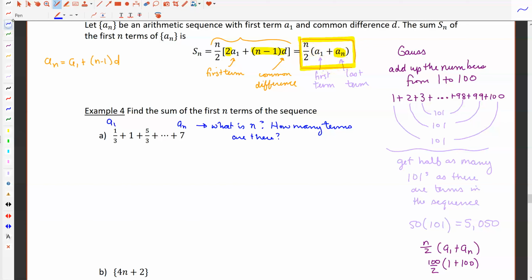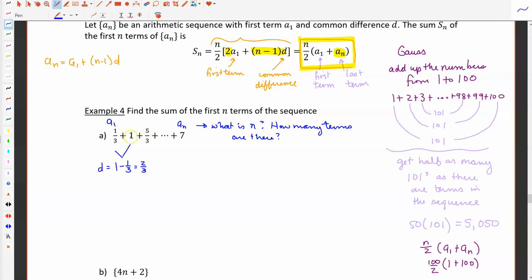Okay, so here we go. First off, we'll verify that the sequence is arithmetic. So let's take the difference of successive terms. For the first two terms, I'll get the difference as 1 minus 1/3. So 1 is the same thing as 3/3. So 3/3 minus 1/3 is 2/3. I only have one more pair that I could subtract.